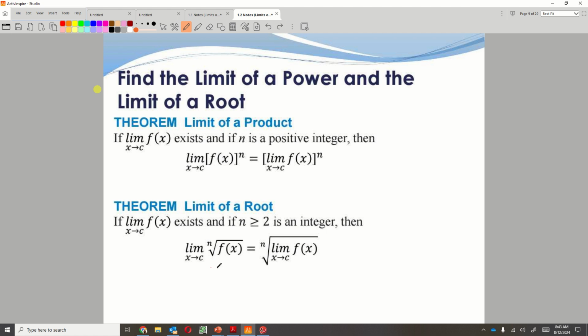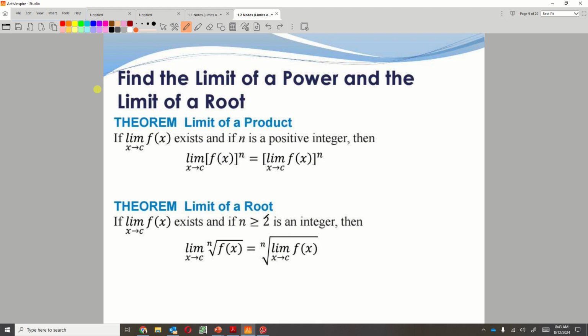It's important that I actually identify the outside versus the inside. So whatever root this is exists and n is greater than 2. What happens if n is 1? That doesn't work out very well, does it?